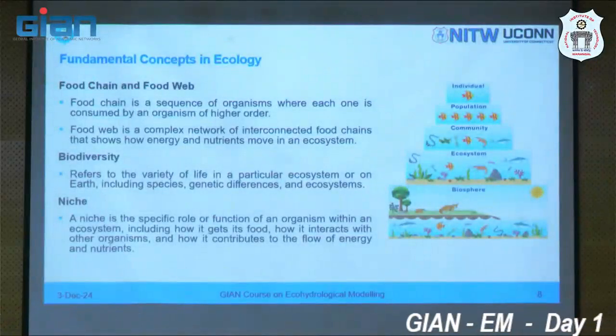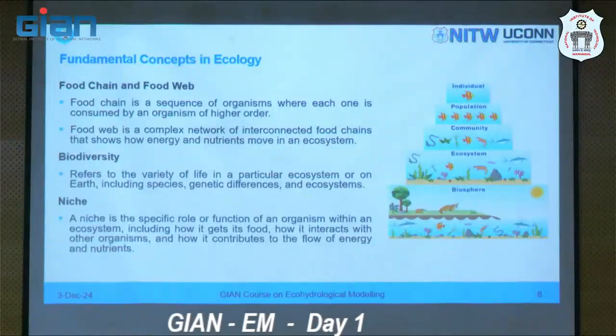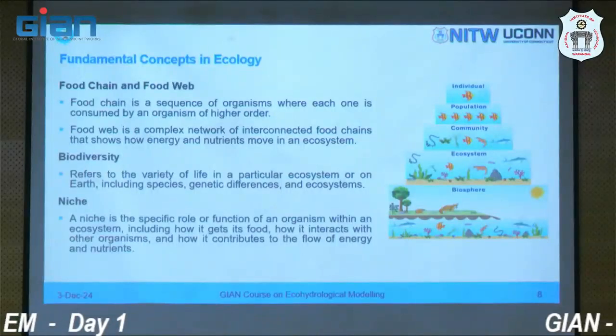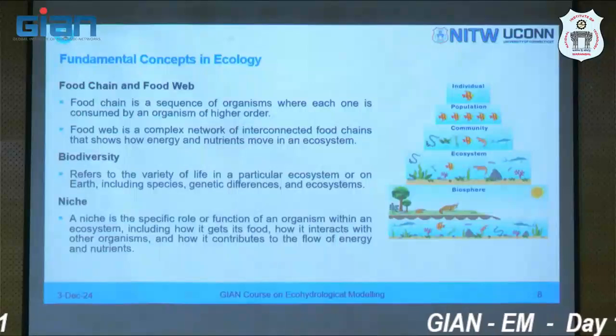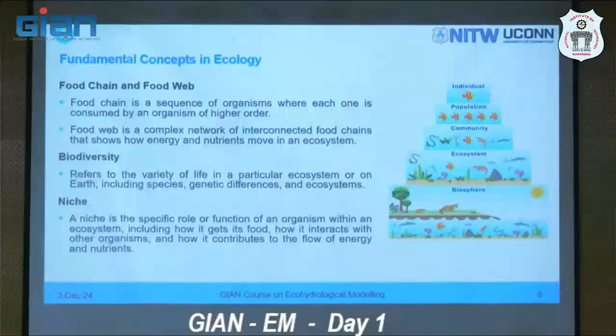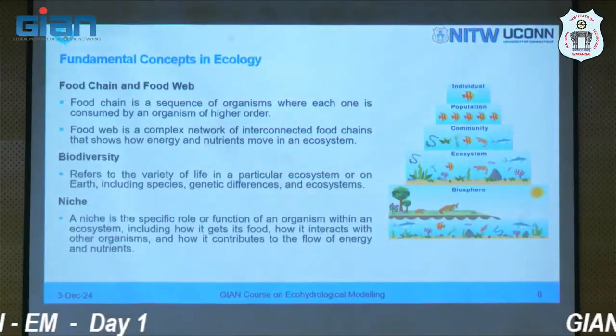Food chain and food web determine what happens in an ecosystem, right? And what kind of food is available and how that moves through different trophic levels. So a food chain is a sequence of organisms where each one is consumed by an organism of higher order.